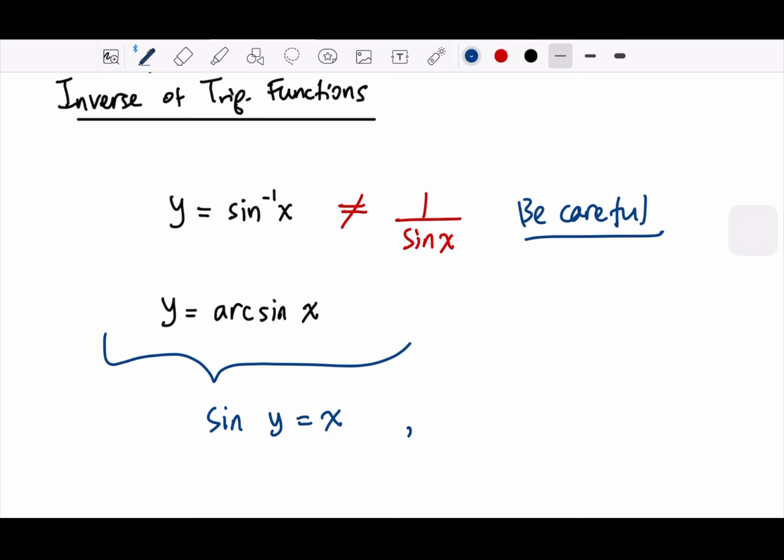So to make sine a 1-to-1 function, we need to set the domain and range. So we need to set this y with certain values. Usually we just take minus pi over 2, the default value. So when we set y between these values, we will have a 1-to-1 function.